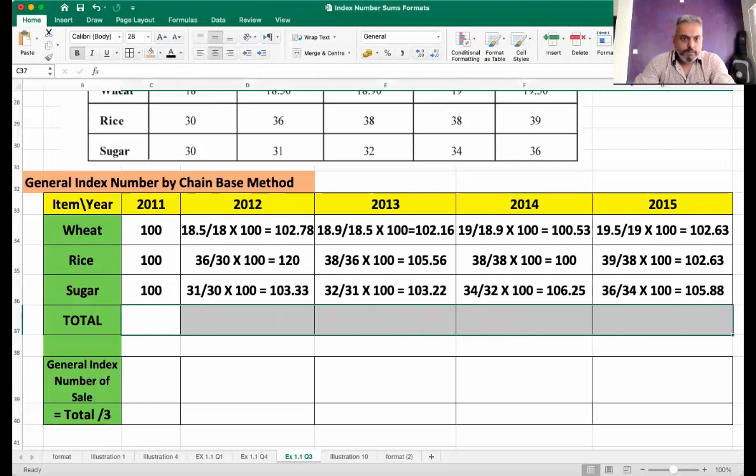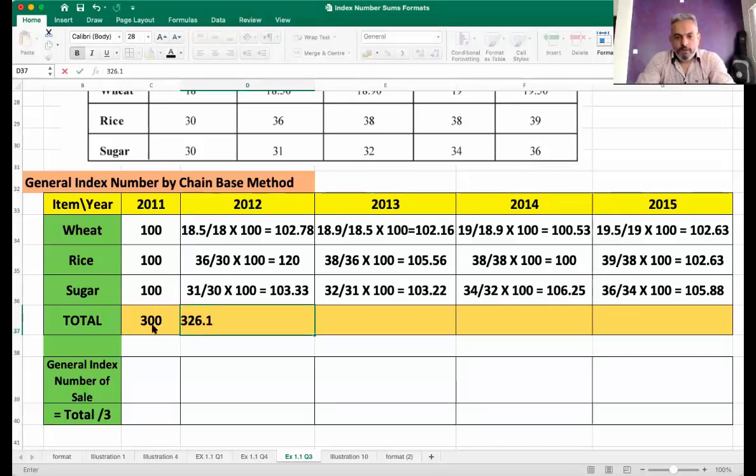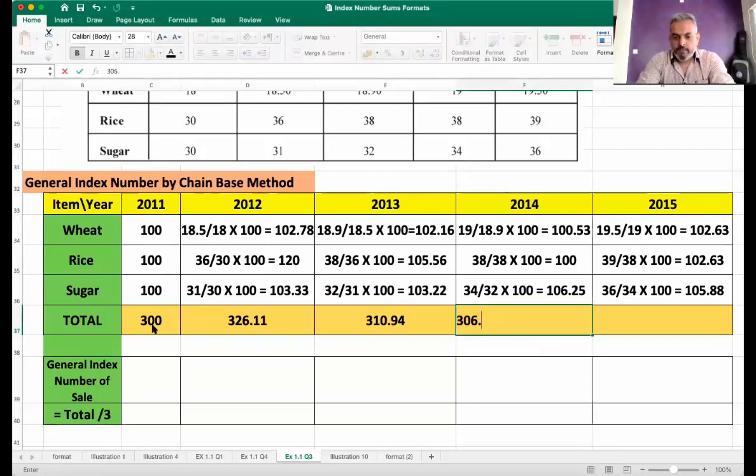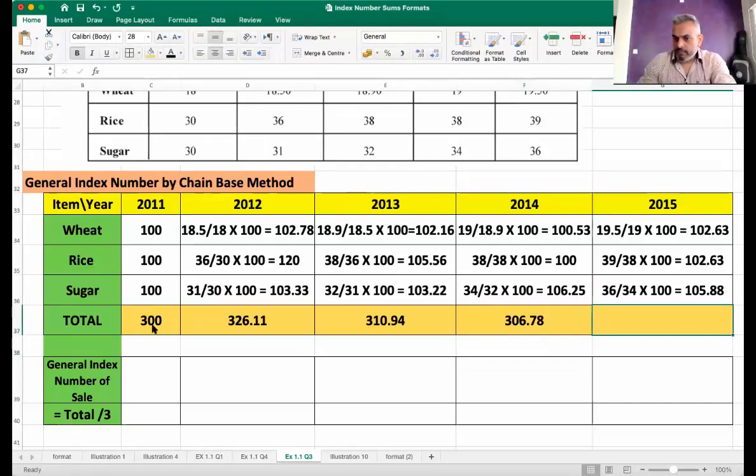Let's see the totals. 300, 326.11, 310.94, 306.78, 311.14.